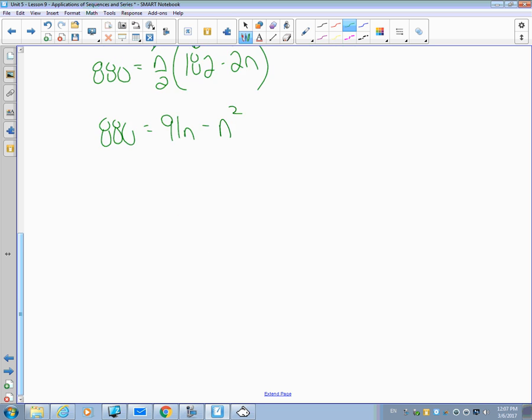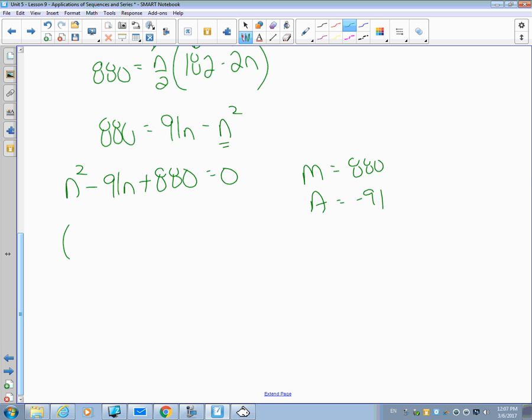Well, this looks awfully like a quadratic. It's got an exponent, n squared. To solve quadratics, we've got to make them equal 0. So I'm going to bring everything to the left-hand side so it equals 0. Notice when I cross the equal sign, I change my signs. To solve a quadratic equal to 0, standard form, we try factoring. We think about, man, can we think of anything that multiplies to 880 and adds to negative 91?